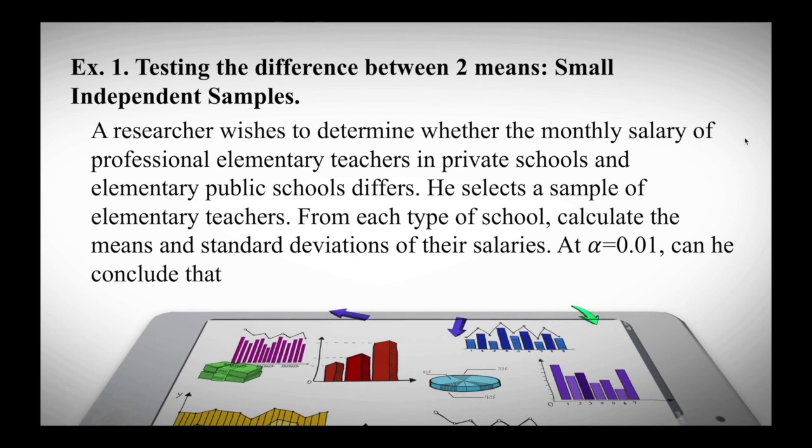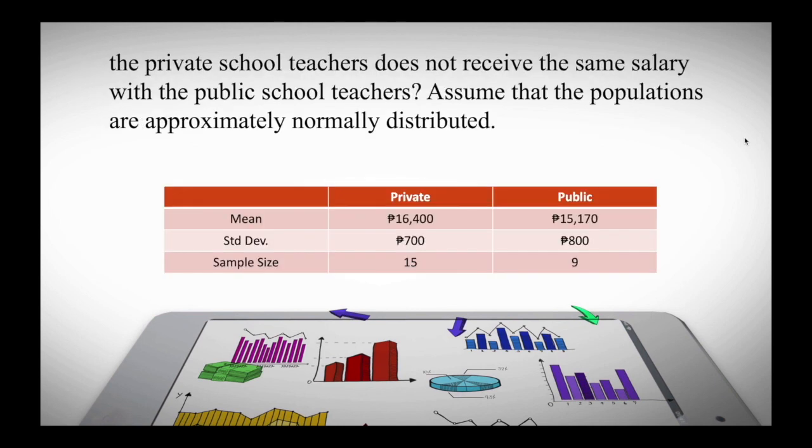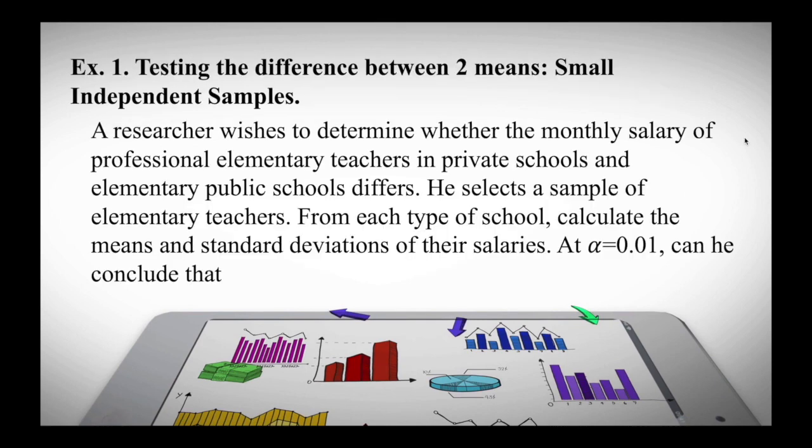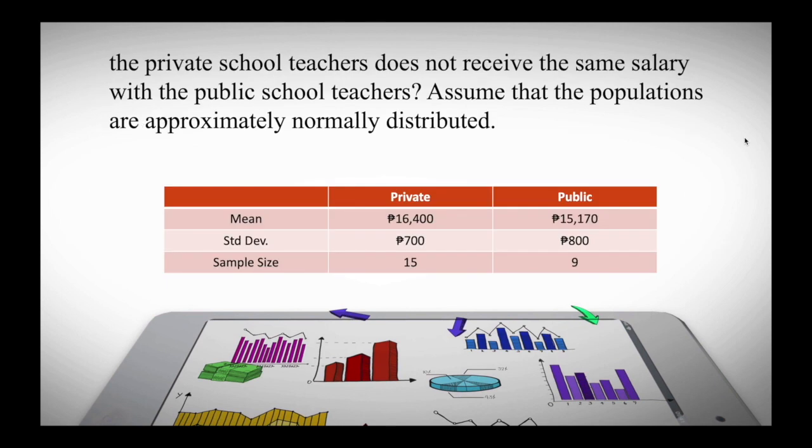At alpha level 0.01, can he conclude that the private school teachers do not receive the same salary as the public school teachers? Ayun yung claim. Kung titingnan nyo, ang claim kasi, ang tanong niya, can he conclude, pwede daw ba siyang mag-conclude na yung salary ng private school teachers is hindi pareho doon sa nare-receive na salary for the public school teachers?